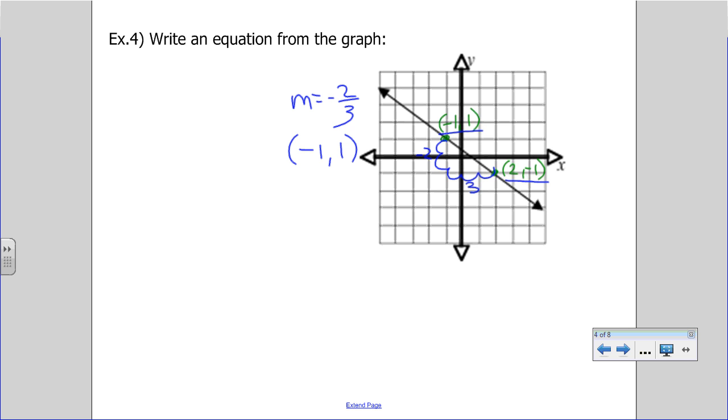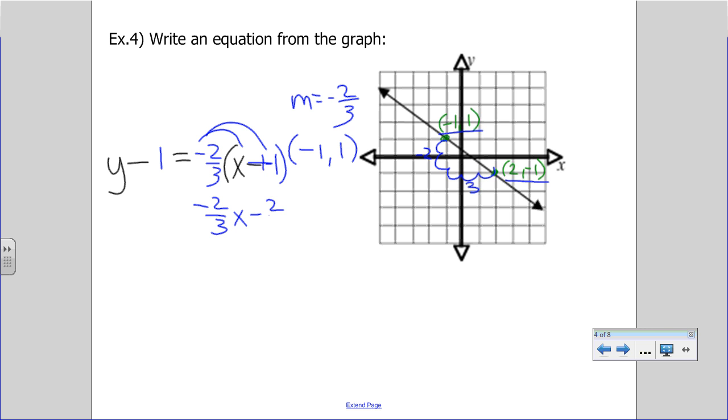So we're going to substitute into point slope form: y minus, I need to put my y1 in there, which is 1, equals, I need to put my slope, -2/3, times x minus, I'm going to subtract a -1, so that becomes addition. We're going to distribute. I get -2/3 x, this is -2/3, is equal to y minus 1.